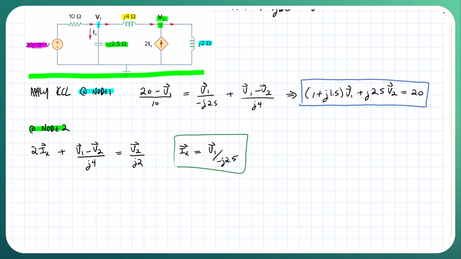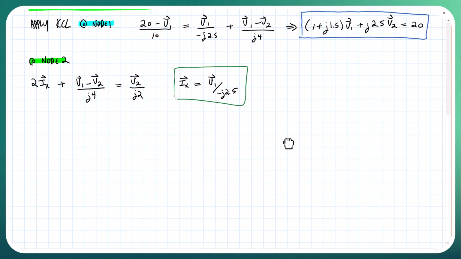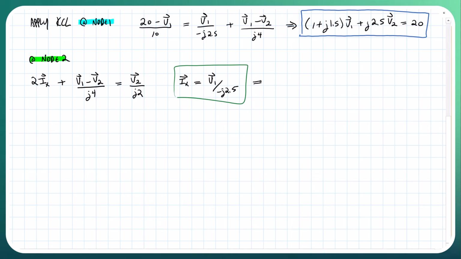And if we do that, we can rewrite this here. We get 2 V1 over minus j2.5 plus V1 minus V2 over j4 is equal to V2 over j2.